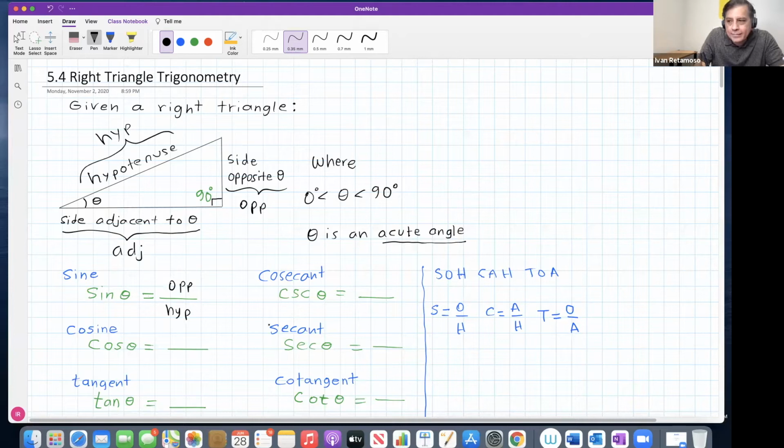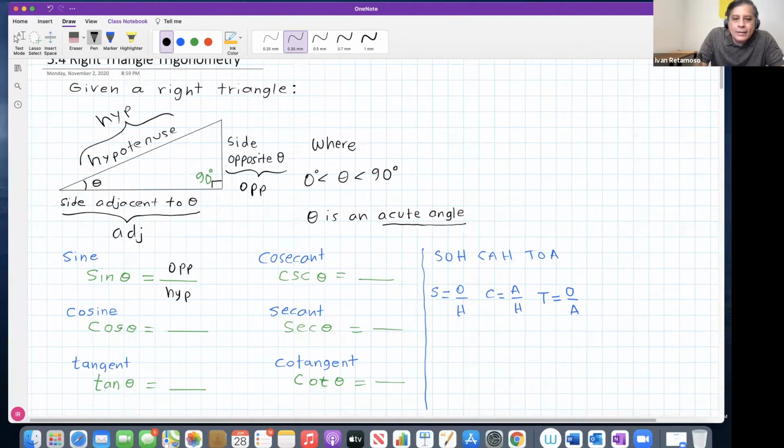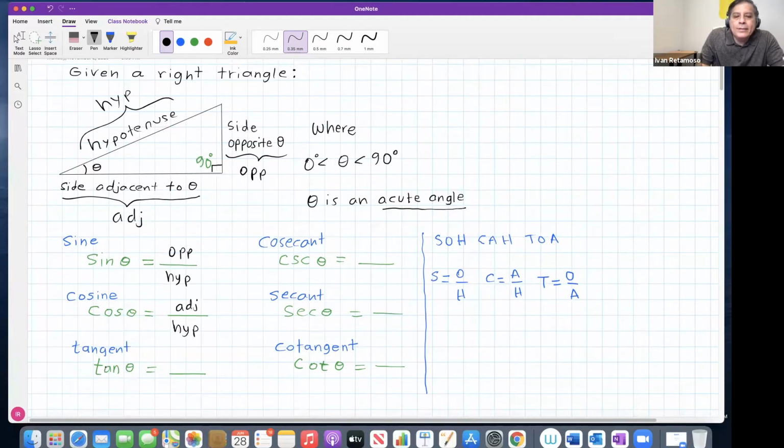The second ratio between the side lengths is called cosine. Cosine of theta is defined as adjacent over hypotenuse. Great. And the third ratio is called tangent. Tangent of theta is defined as opposite over adjacent.